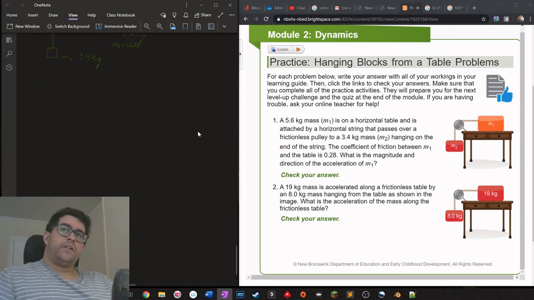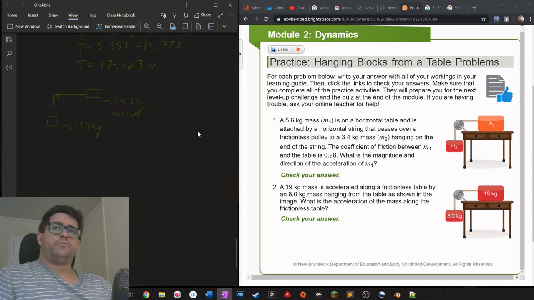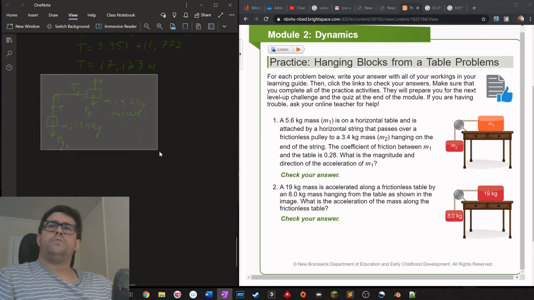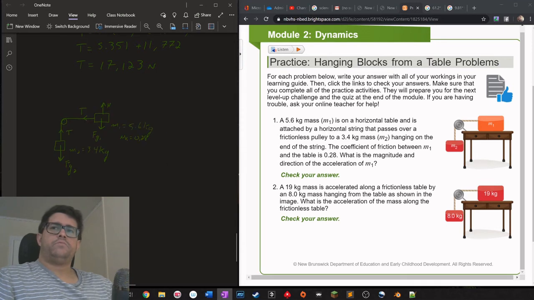So this is the diagram. Let's look at the forces. On M2, we have FG2. We also have a tension. This tension is the same pulling this block, tension, and this block has an FG1 and a normal force, N. I would call it N1, but we don't need it for the other one.